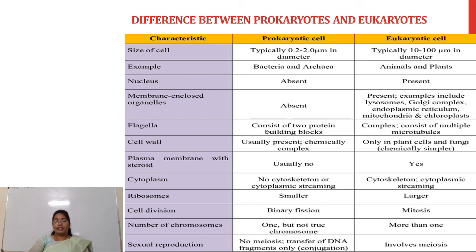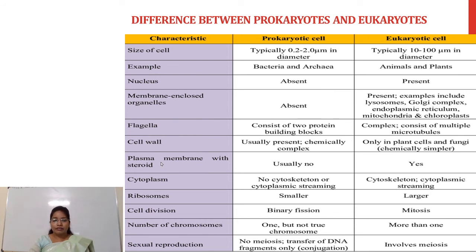In prokaryotic cell, flagella consist of two protein building blocks, whereas in eukaryotic cell, they are complex in nature. Coming to the cell wall, in prokaryotic cell usually it is present and chemically it is more complex than the eukaryotic cell wall. And in eukaryotic cell, only in plant cell is the cell wall present. In animal cell, the cell wall is absent.